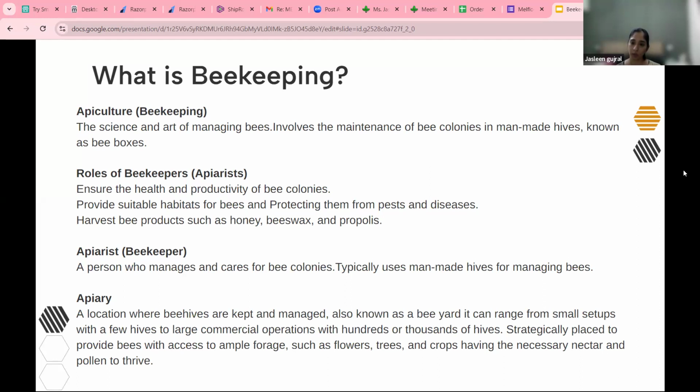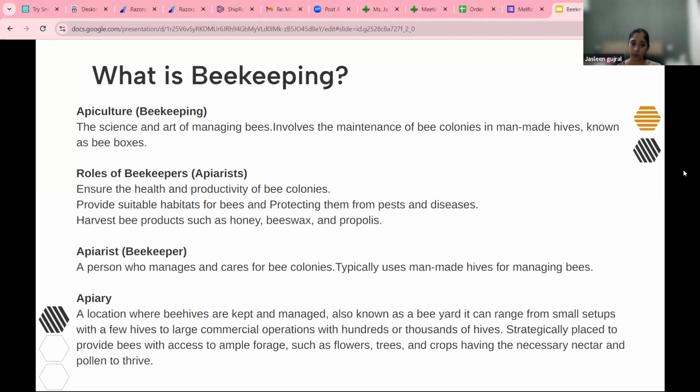The role of the beekeeper in managing the beehives properly is to ensure that the health and productivity of bee colonies is very well maintained. The habitat of the bees should protect them from pests and diseases at all times, because these are the main enemies which harm the bees.